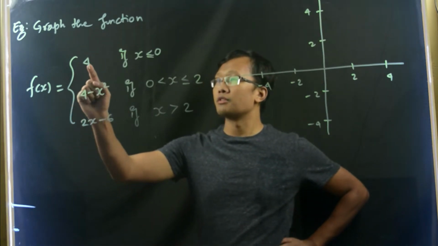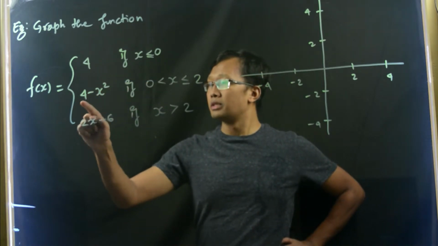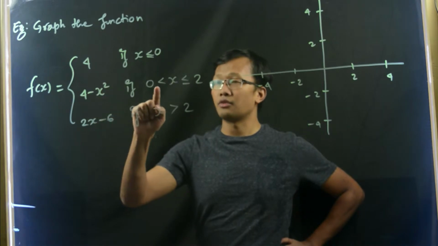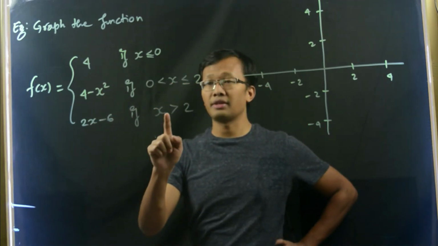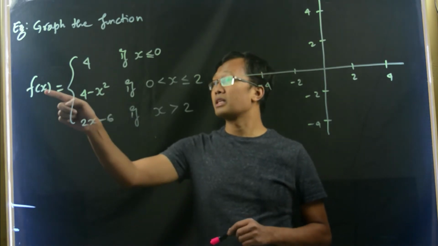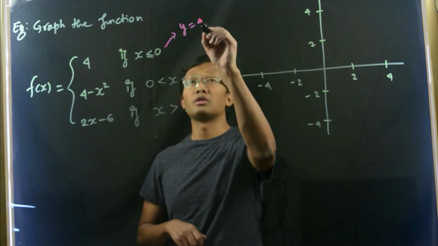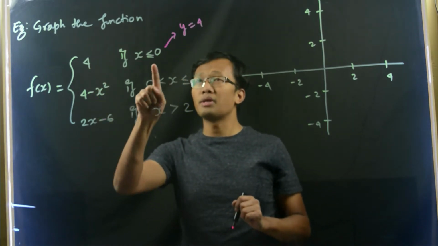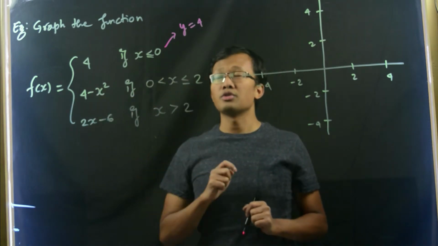Let's graph this piecewise defined function. f of x equals 4 for x less than or equal to 0. f of x equals 4 minus x squared for 0 less than x less than or equal to 2, and 2x minus 6 if x is greater than 2. First, let's go for the first one, f of x equals 4. That means this is simply y equals 4, and the domain for this piece is negative infinity to 0.